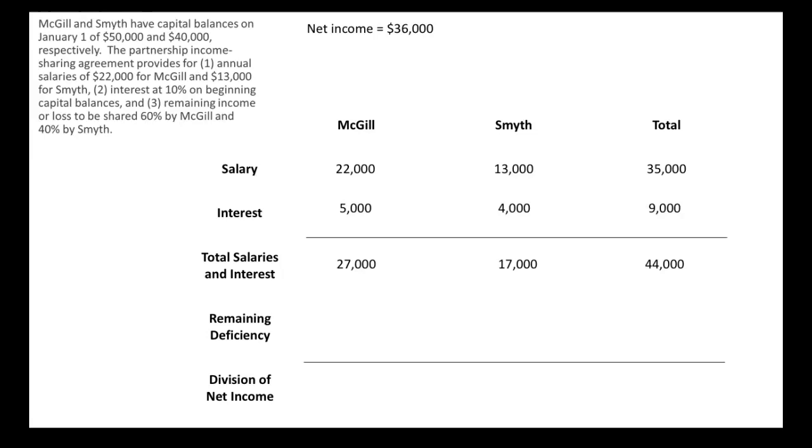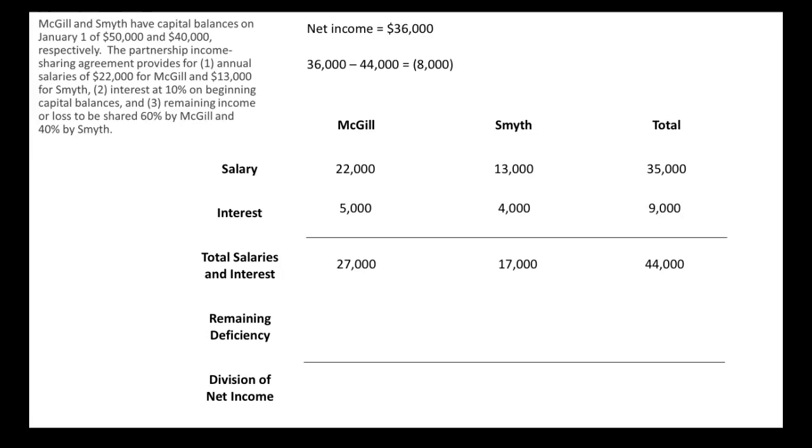Here, we notice that we're supposed to pay out our owners $44,000 in salaries and interest, but we only made $36,000. So we don't have enough to give them all of their salaries and interest that they're supposed to be receiving.